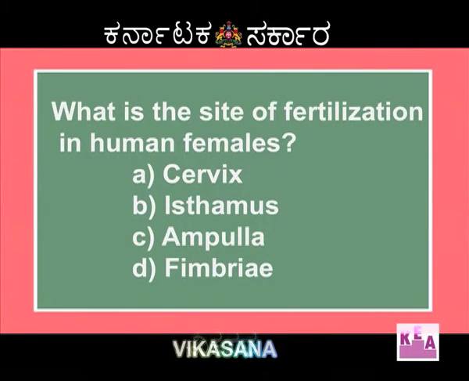So particularly in this question there is a bit of confusion. In some sources they say that the fertilization process takes place at the junction of isthmus as well as ampulla, and somewhere it is mentioned as the ampulla region.